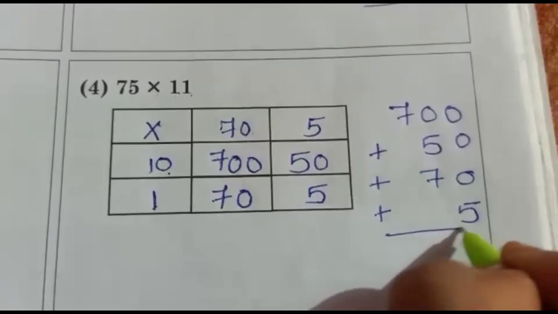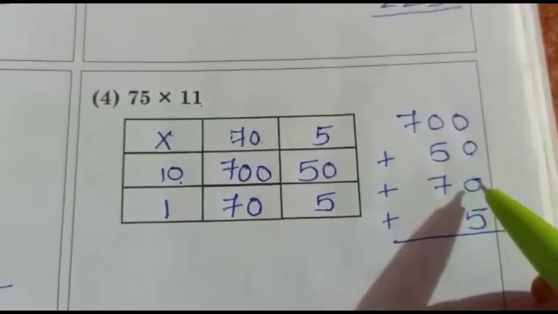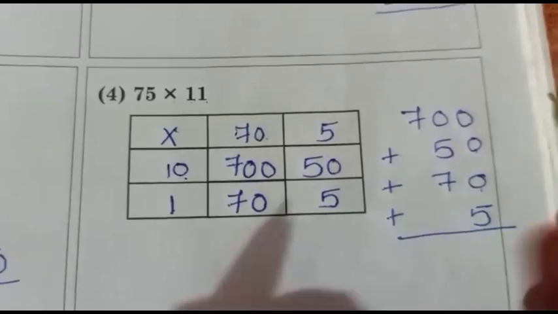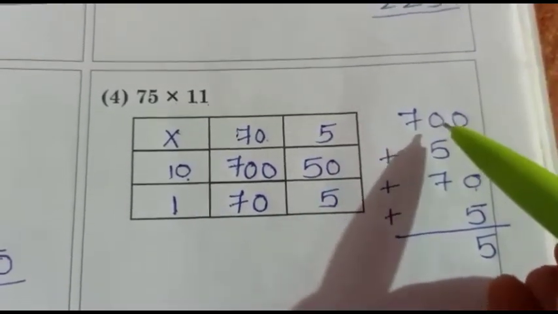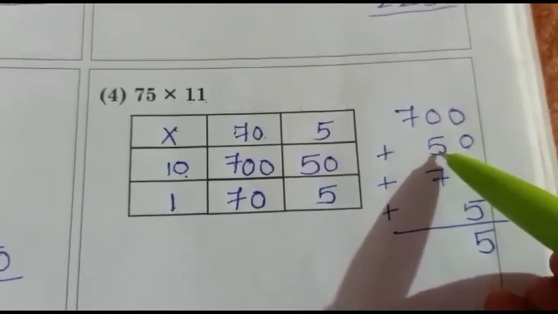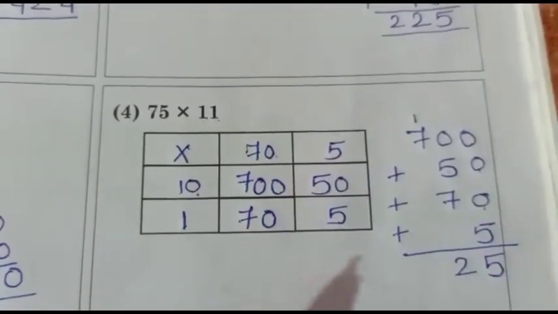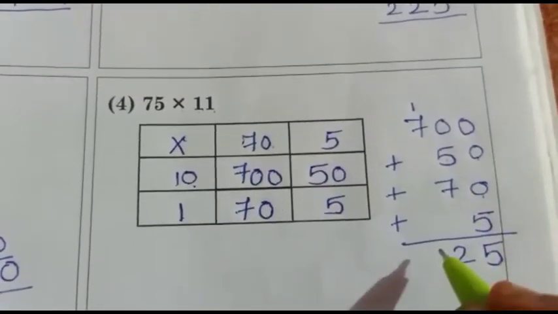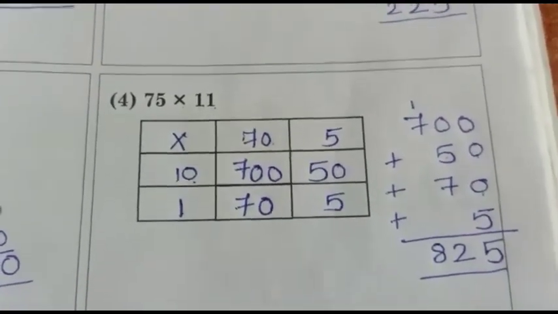Okay, now do the addition. 0 plus 0, 0, 0 plus 0, 0, 0 plus 5, 5. Next 0 plus 5, 5, 5 plus 7, 12. So you will write 2, 1 you will carry. So 1 plus 7 is 8. So the answer is 825.